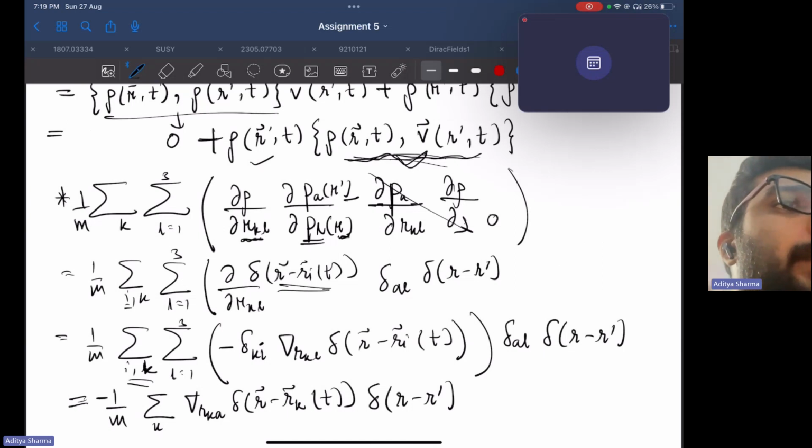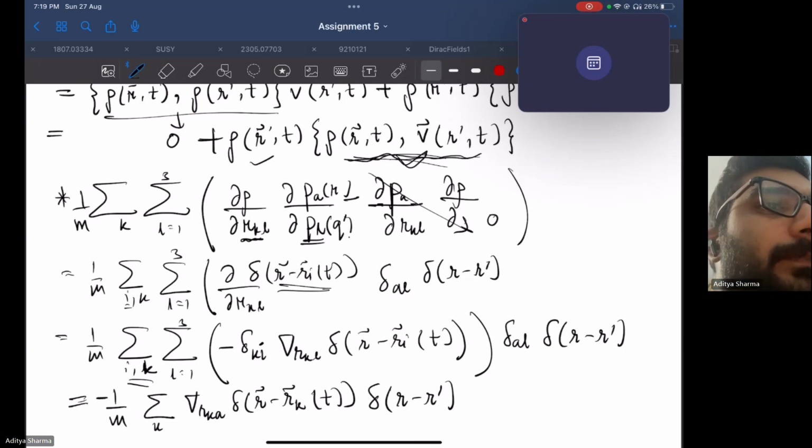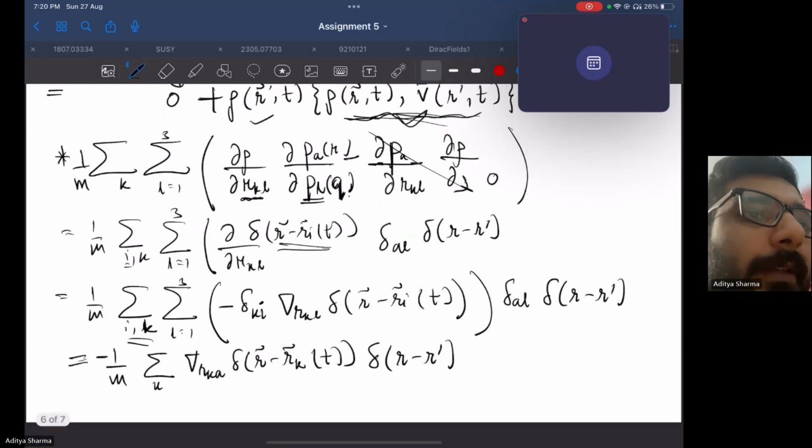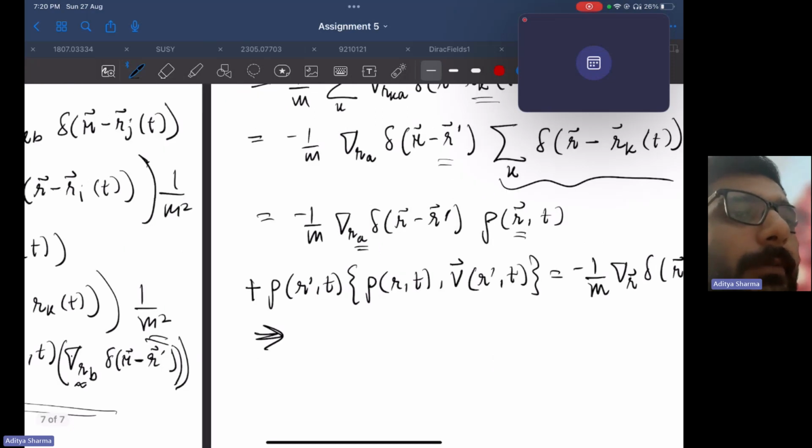This should have been R and this could have been some Q prime or something like that, or some Q. In that case, this is just some R minus Q or R minus R prime is itself fine. And so we can always put any variable here. That is what I mean to say.